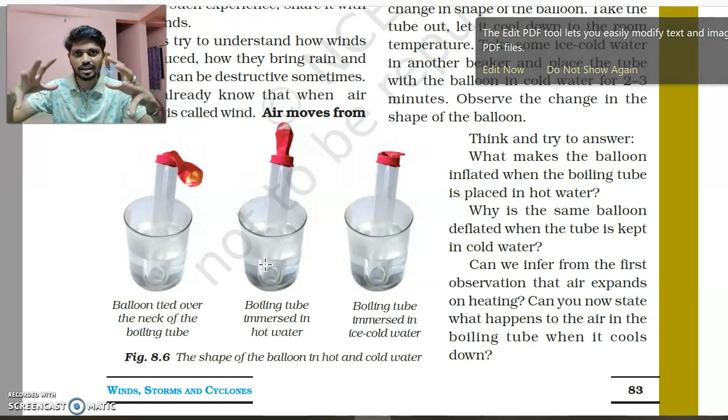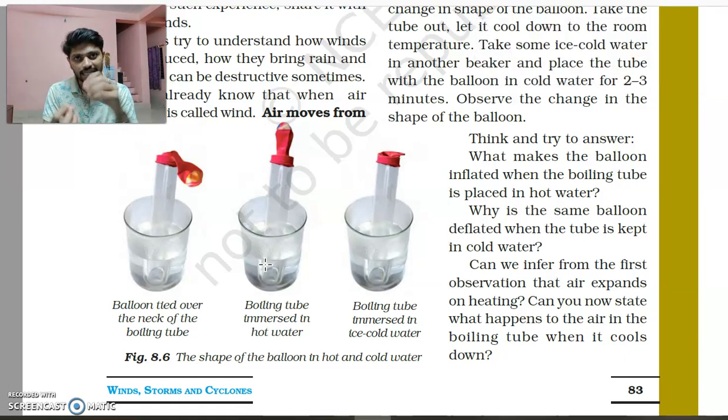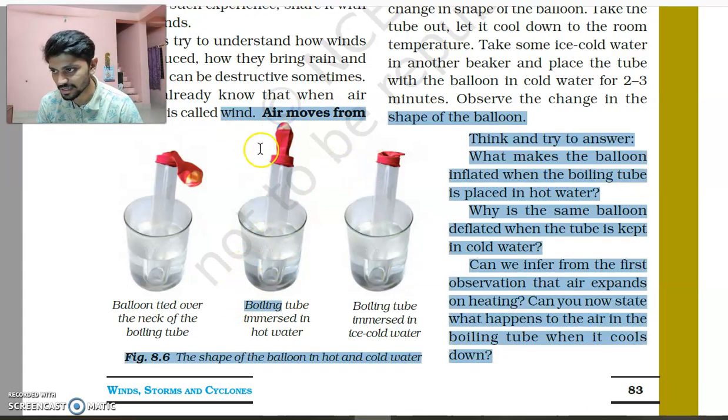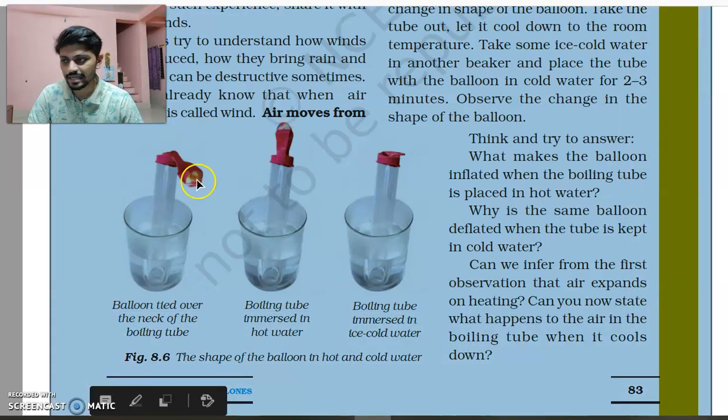If air expands, can we say that even in that balloon, previously without any air, the air will get expanded? Now if the air gets expanded, clearly the volume of the balloon shall increase. So you can see that in the second image, where we have kept the tube in boiling water, the balloon is erect. Right? The balloon here is erect.